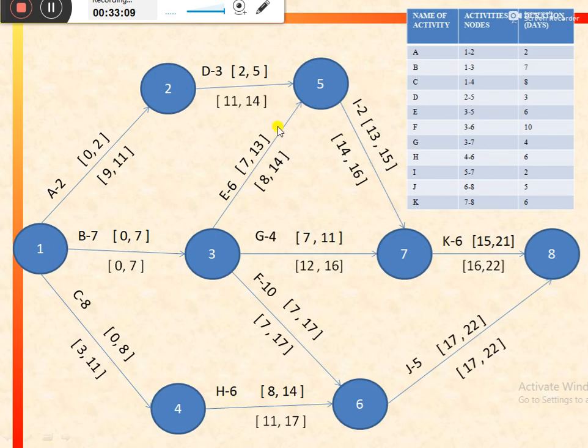Like in this network, we have different paths. For the first path, suppose we can start from node 1 to node 2 to node 5 to node 7 to node 8. So it is the path that can be named as ADIK, which basically consists of activities A, D, I, K. The second path can be like this, which includes activity C, activity H, activity J. So it would be named as path CHJ.